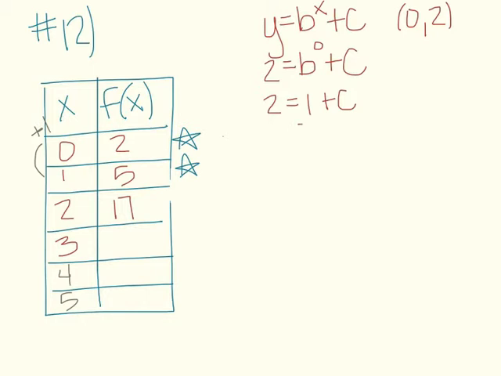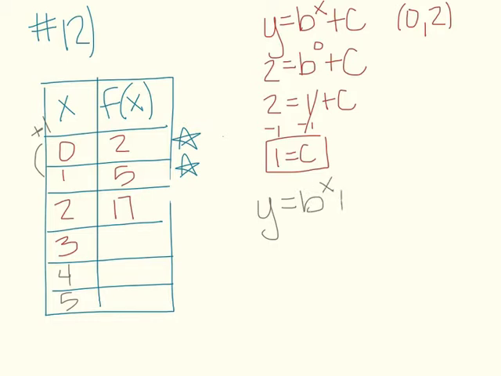Want to get c by itself, so we'll subtract 1 from both sides. 2 minus 1 is 1. So in this case, our c value is 1, which tells us we'll have a vertical shift of up 1 unit.